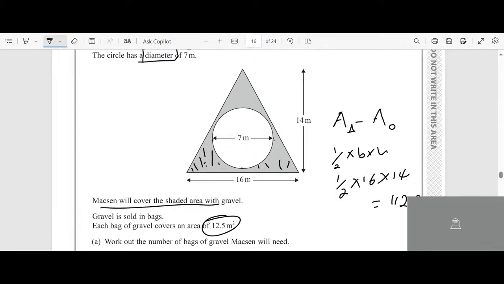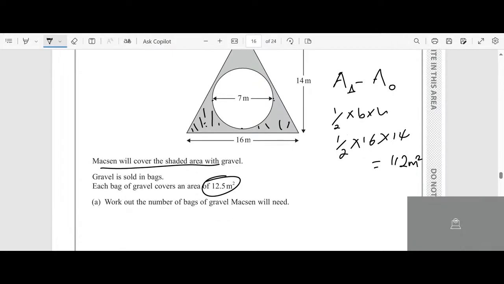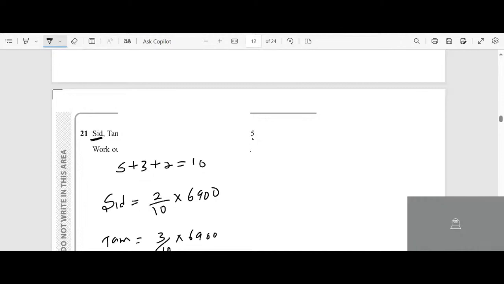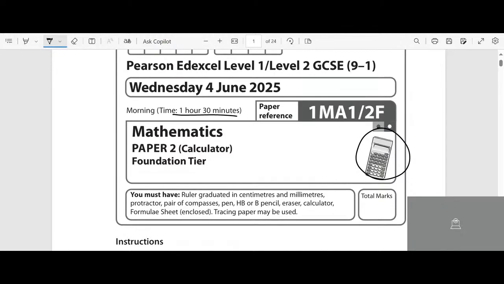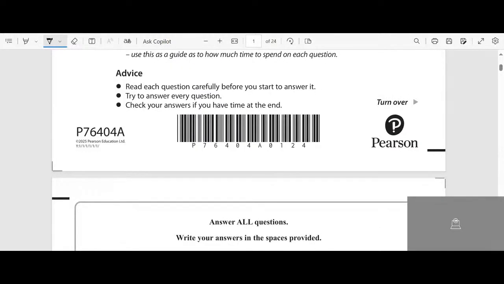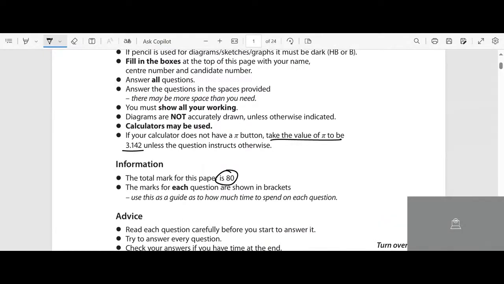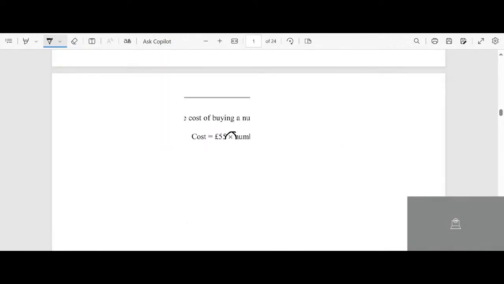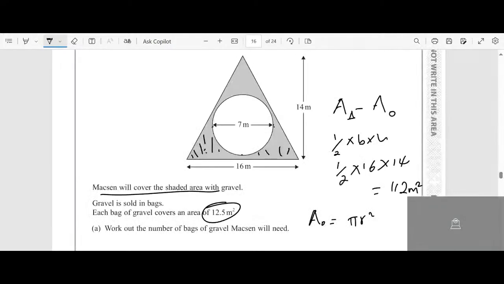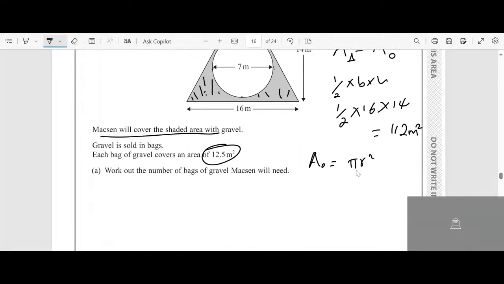What about the area of a circle? The area of a circle is equal to pi r squared. Remember the instruction on top of the paper. When I was reading out the instructions, you are told to take the value of pi to be 3.142. That is what we are going to use here. So the area of a circle is equal to pi, which is 3.142, times the radius.